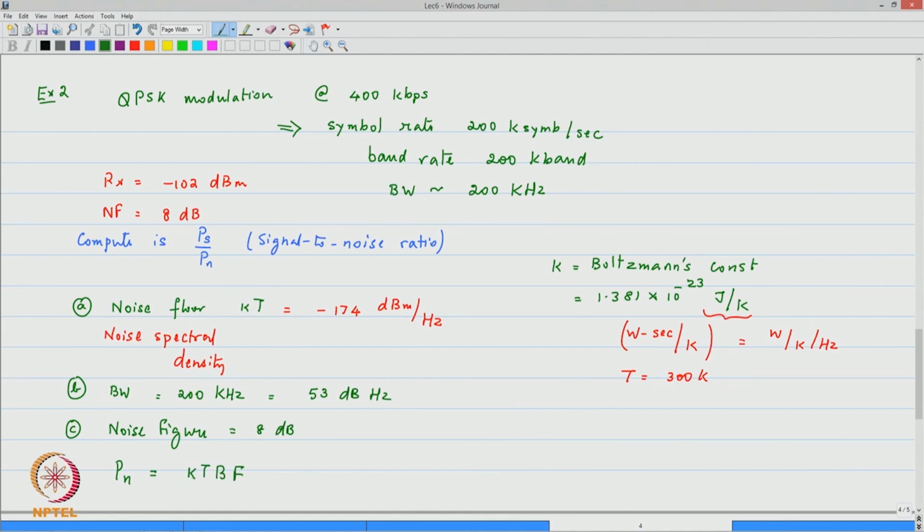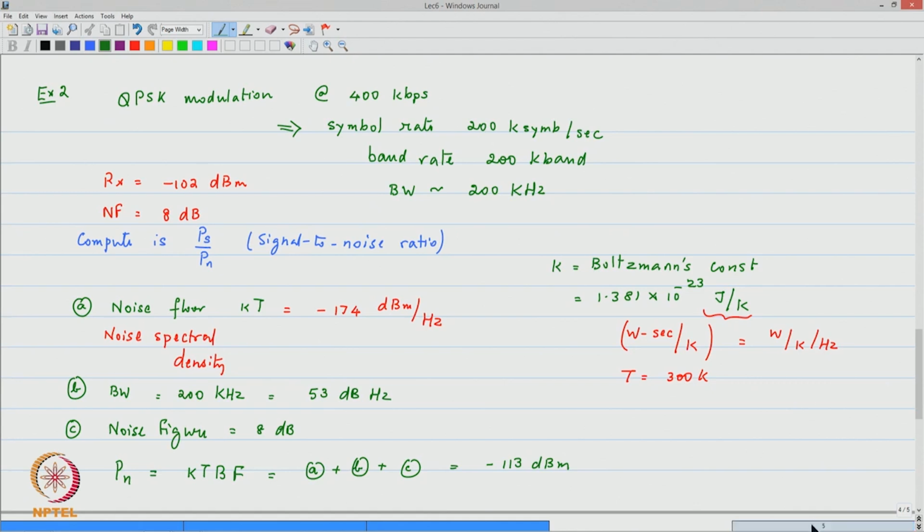The noise power is given by KTBF, KT being the noise spectral density, B being the bandwidth of the signal, F being the noise figure. So, when you are doing it on a dB scale, it will be A plus B plus C, which is given by, we can compute the answer, minus 113 dBm.